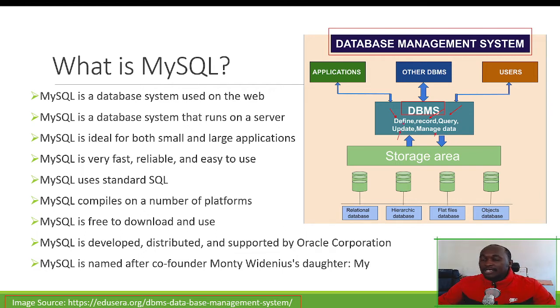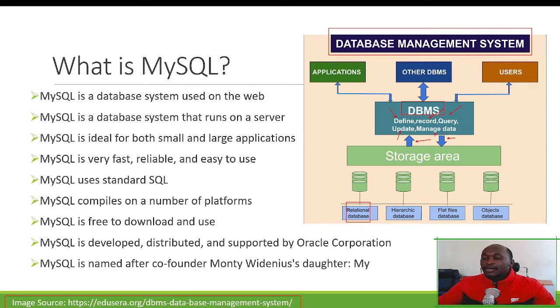So normally it is the DBMS that will send commands to the storage area. That is where the data is being sent. For example, when you're using MySQL, we are using a relational database, meaning that these tables are interrelated. So that's what we call relational, from relationship. It's a relational database because one table is related to another one.